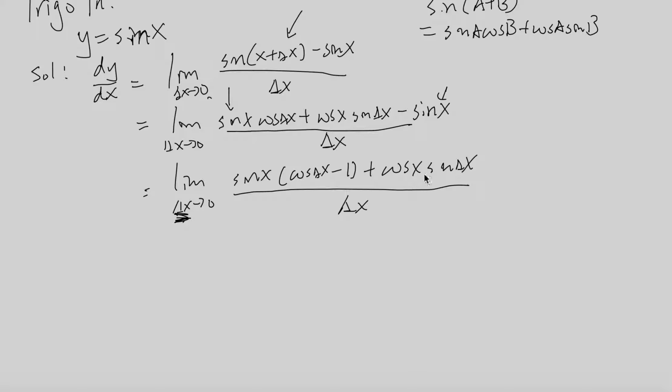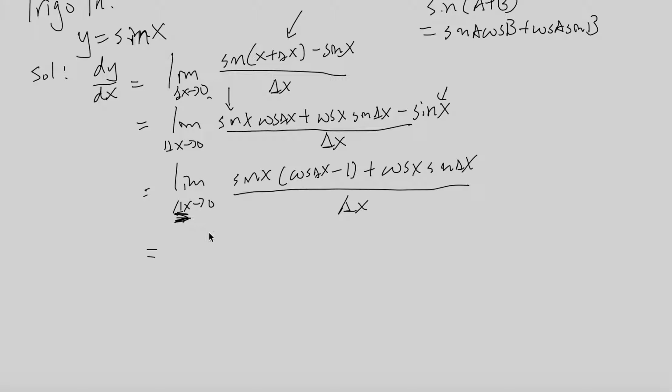This cosine x as well, because the variable delta x is not in these two components. The only parts we have to care about are cosine delta x minus 1 over delta x and sine delta x over delta x. How about sine x and cosine x? None of our business, because the variable that tends to 0 is delta x. How about x? We do not care.